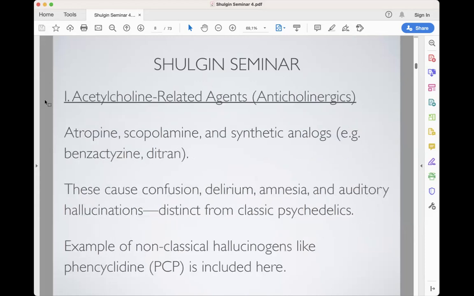Yeah, and so acetylcholine related agents like atropine, scopolamine, and others cause confusion, delirium, amnesia, and so on. So they are not psychedelics. They are mentioned here, but not really analyzed.